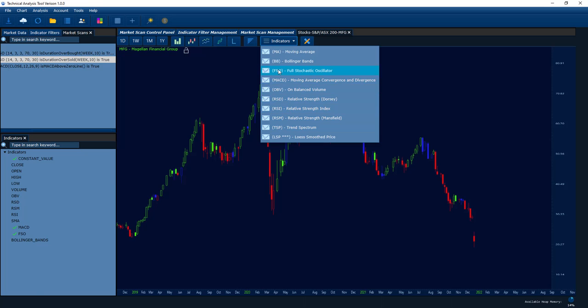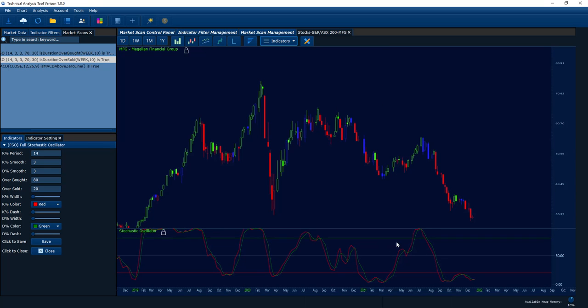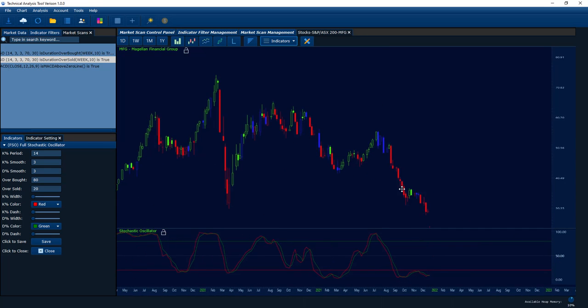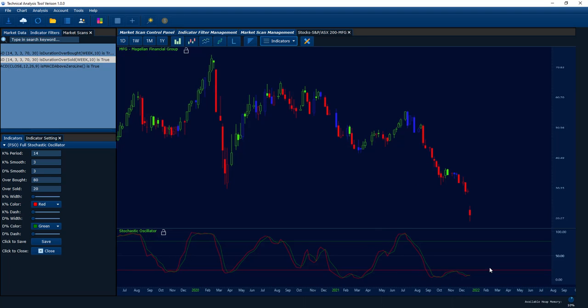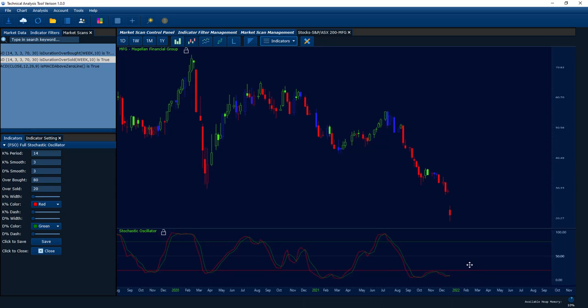If we open the stochastic oscillator, as you can see, the stochastic oscillator value stays below the red line, which is the oversold 20, for the past 10 weeks, actually more than 10 weeks. So that's correct.